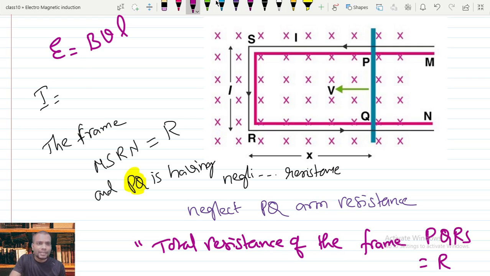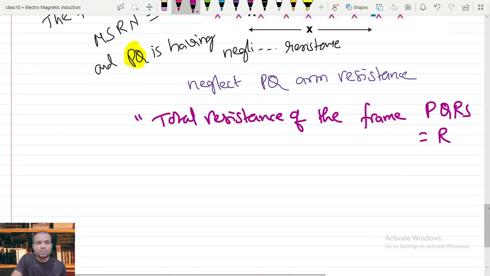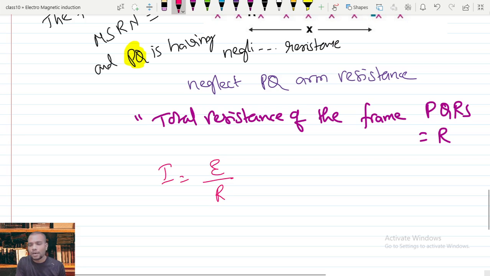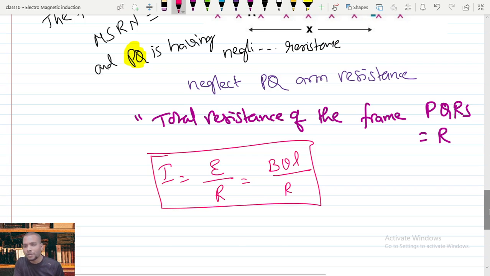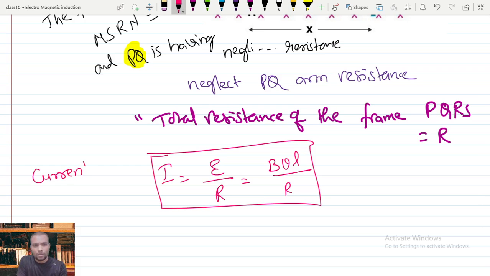Now to find the current, how can we get the current value? Current I equal to EMF upon resistance R. We got the EMF value equal to BVL, so I equals BVL upon R. This is the expression for the current induced in the loop, here the loop is PQRS.